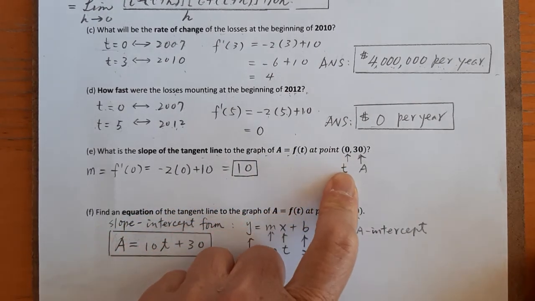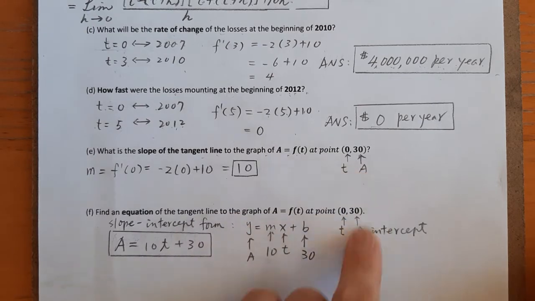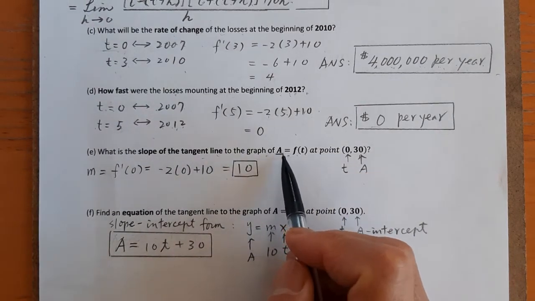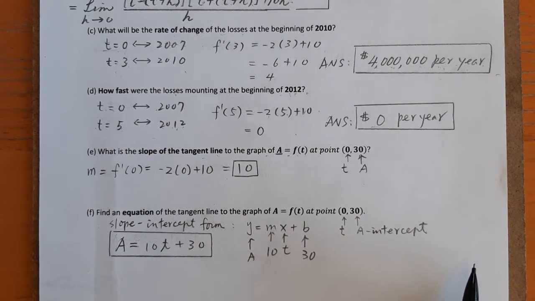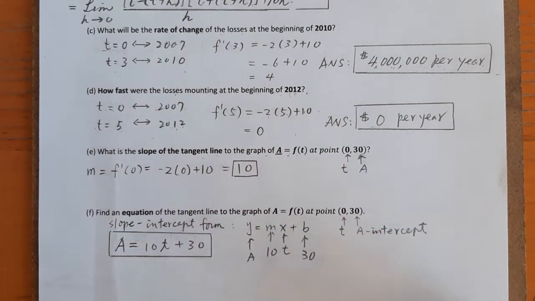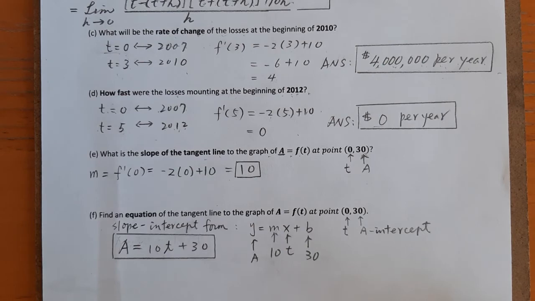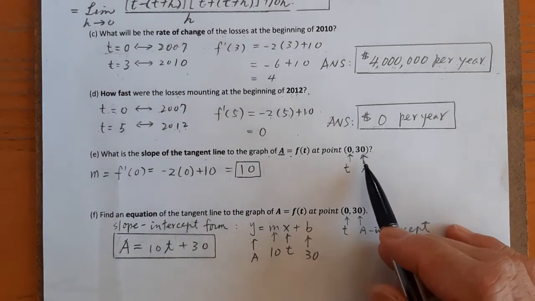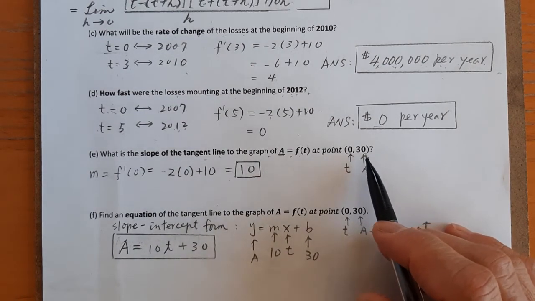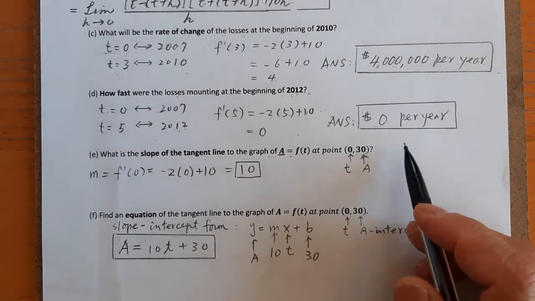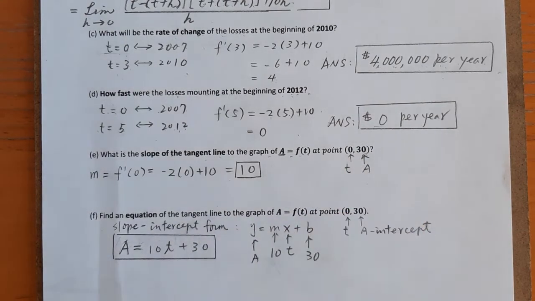So t equals 0. A is the function value, the amount, which is $30 million when t equals 0, which is 2007. So at this point, what's the rate of change?